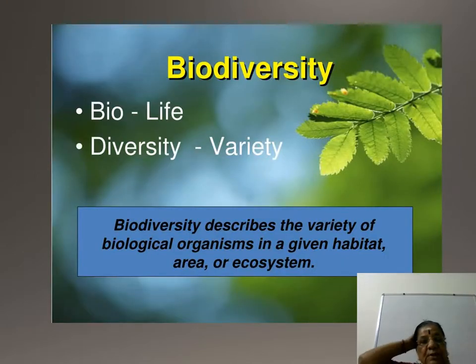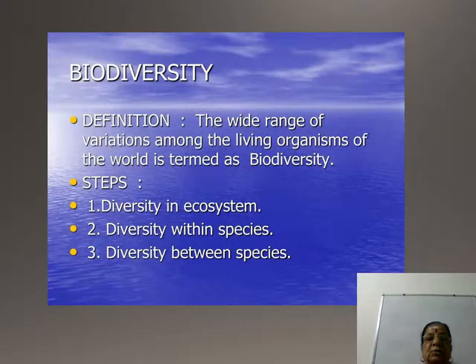Right? The next one, the concept of biodiversity. Bio means life, diversity means variety. So we have seen the ecosystem, now biodiversity. Bio means life, diversity referring to variety. It describes a variety of biological organisms in a given habitat area or ecosystem.